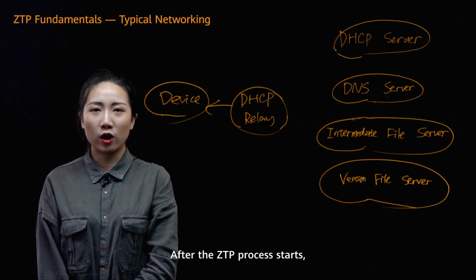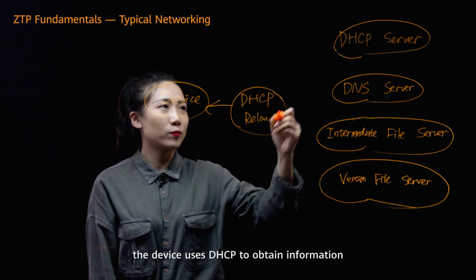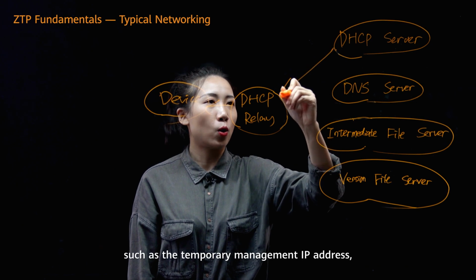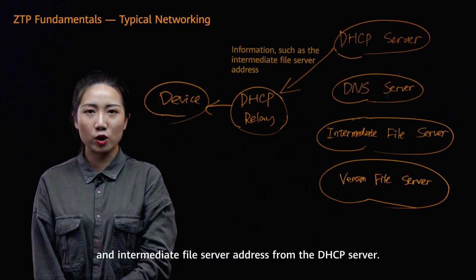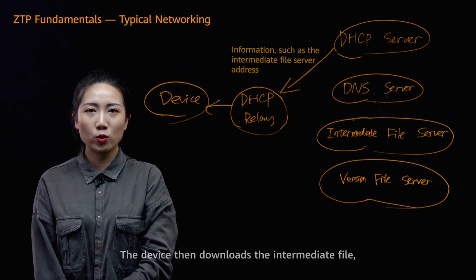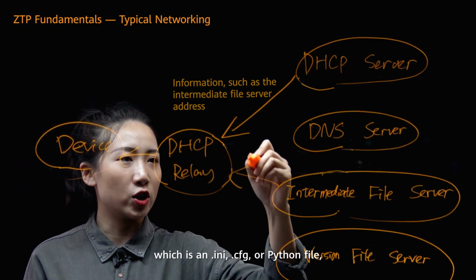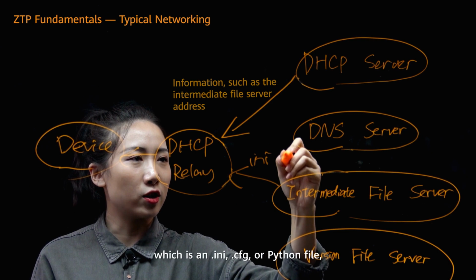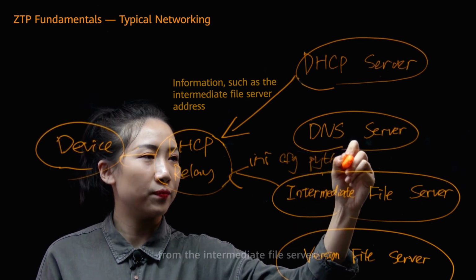After the ZTP process starts, the device uses DHCP to obtain information such as the temporary management IP address, default gateway address, and intermediate file server address from the DHCP server. The device then downloads the intermediate file, which is an ini.cfg or Python file from the intermediate file server.